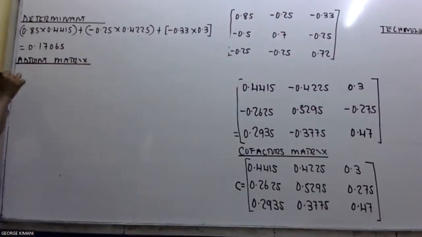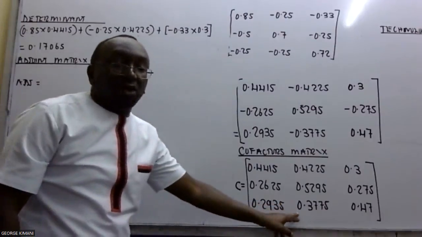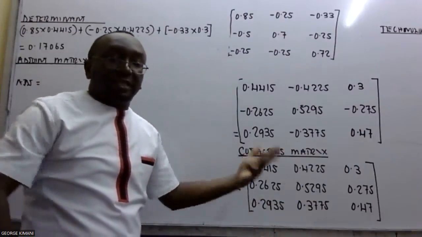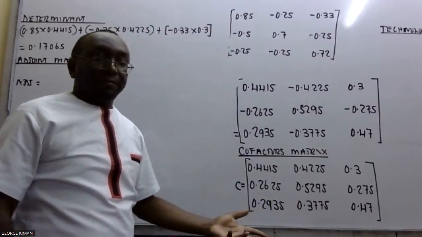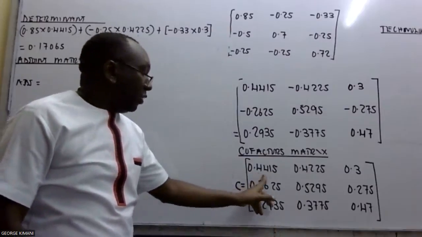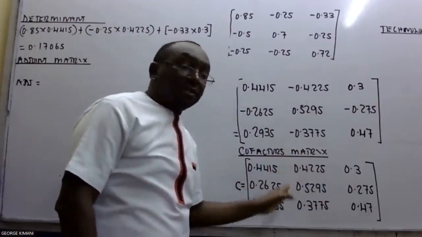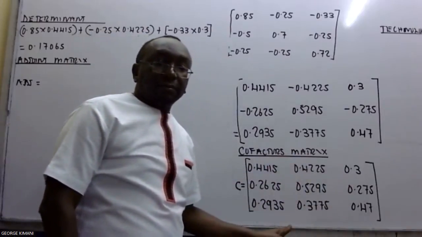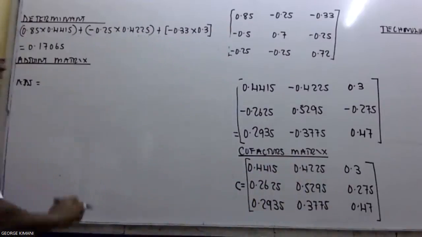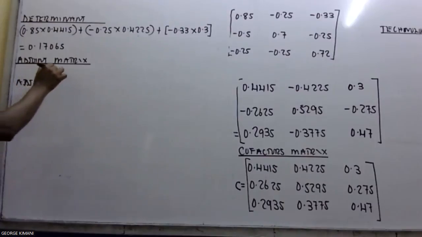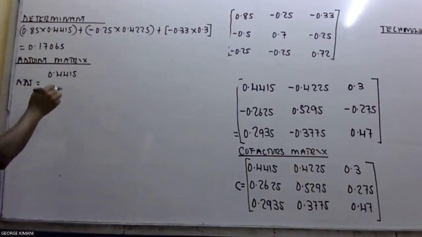Now this adjoint matrix is obtained by transposing the cofactor. Transpose means to interchange rows and columns. Okay. So hii row ya kwanza sasa itakuwa first column. So now this becomes 0.4415, 0.4225, and 0.3.